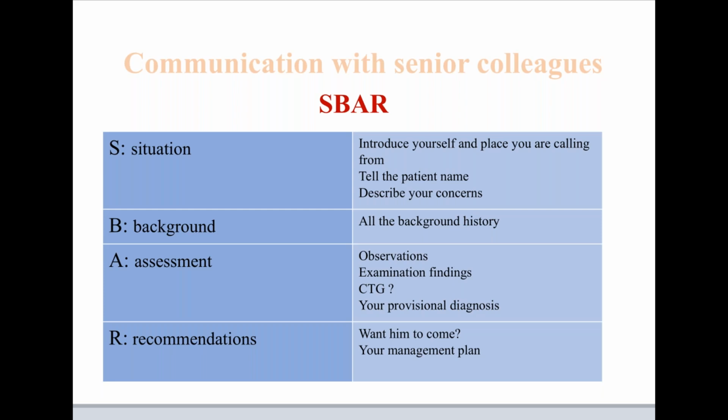I examined her. Generally, she's alert and responding. Abdominally, the uterus is not well contracted, and vaginally she has active bleeding, no trauma to the vagina. My provisional diagnosis is atonic postpartum hemorrhage. My recommendation is that I need you to come and review her, and we are going to transfer her to theater now.